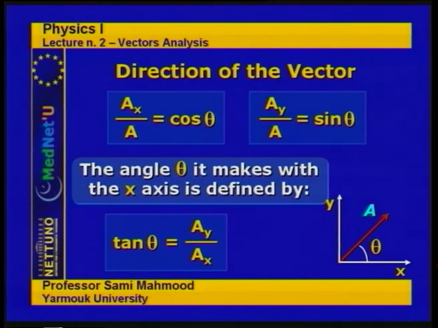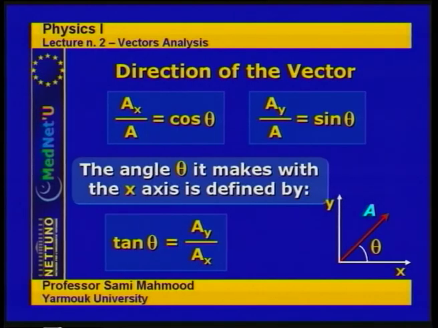So in that sense, the ratio Ax divided by A, which is the ratio of the x component of the vector to the magnitude of the vector itself, is the cosine of the angle theta. The ratio Ay divided by A is the sine of the angle theta.